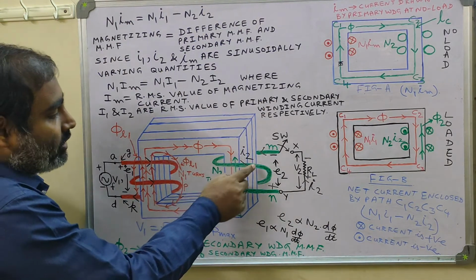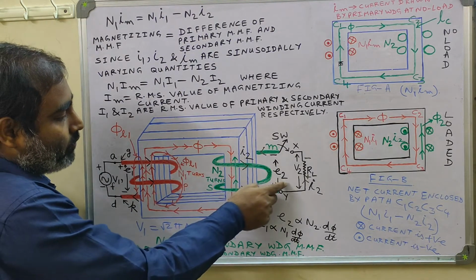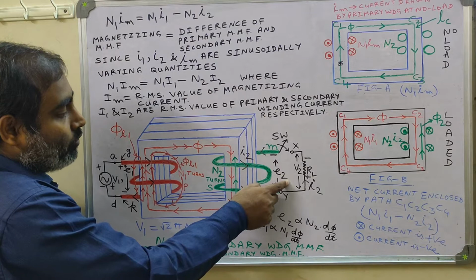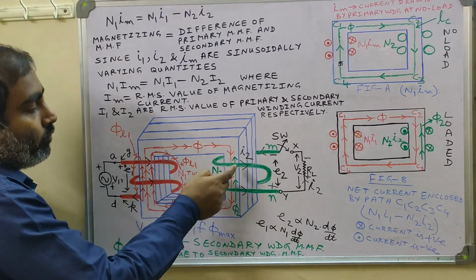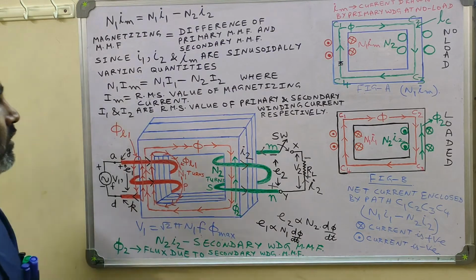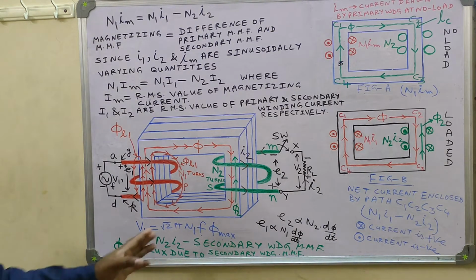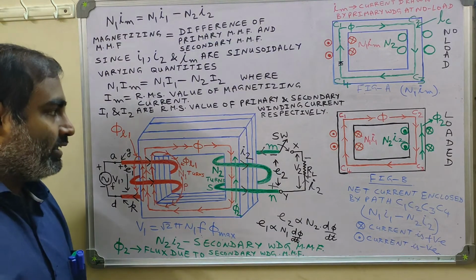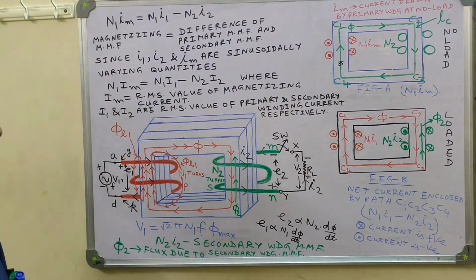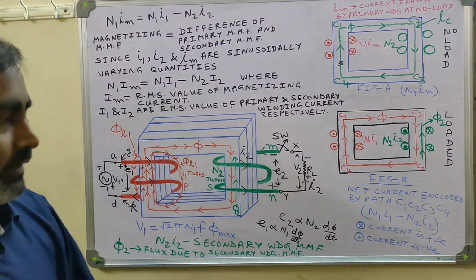So the current flowing through the secondary coil due to the induced EMF E2 will also be sinusoidal. That means i2 will also be sinusoidal. So in short, the physical quantities like the magnetic flux, the current or the induced EMF are all assumed to be sinusoidally varying quantities.